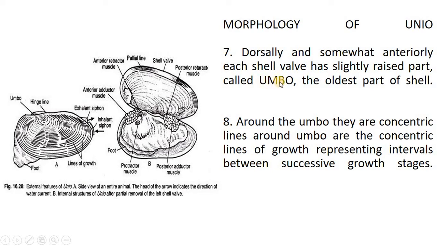Around the umbo there are concentric lines of growth, which represent the intervals between successive growths. They indicate the lifespan of the organism: as the concentric lines increase, the age of the animal also increases.